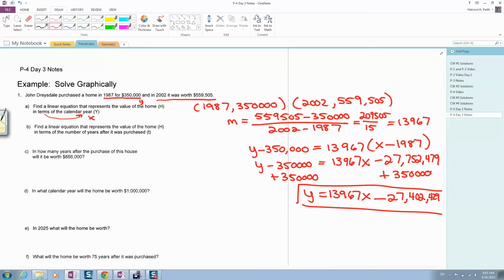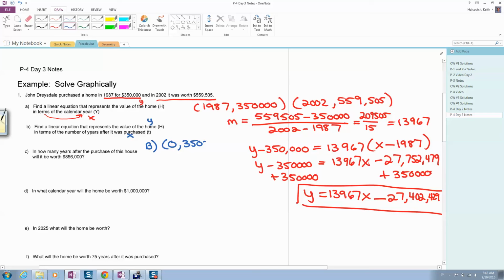For part B, it says find a linear equation that represents the value of the home, so this is your Y value, in terms of the number of years after it was purchased, which is X. So basically, 1987 would be year 0 because you purchased it in 1987, so that's 0 years after it was purchased.